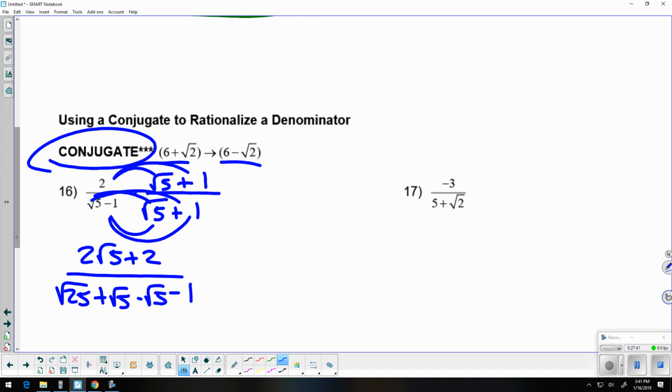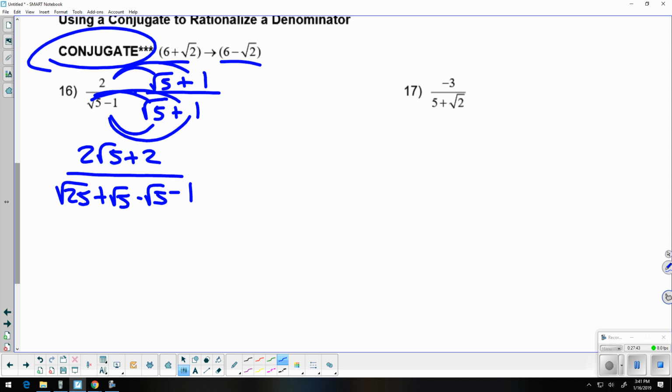Okay, so I did the multiplication. Now to clean this up, on the bottom, those obviously just cancel. Square root 25, that's just 5. On the bottom, all I really have is 5 minus 1, and that's 4. So I'm going to have 2 square root 5 plus 2 all over 4 is my answer.